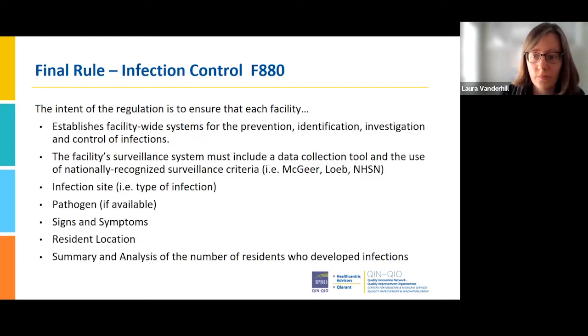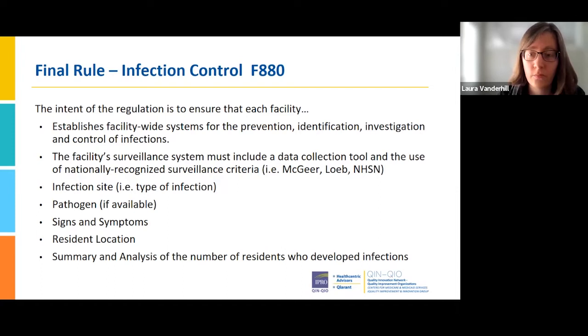Within the final rule, section F880 specifically relates to infection control. As shown on this slide, the intent of this regulation is to ensure that each facility has facility-wide systems for the prevention, identification, and control of infections within their building.